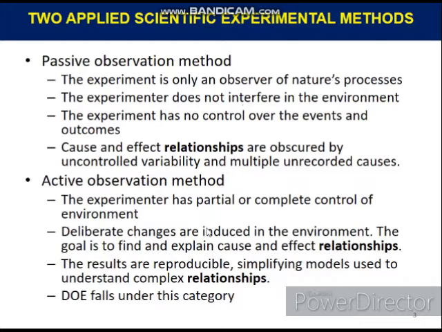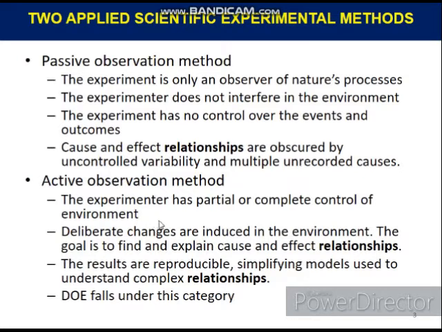The other method under the scientific experimental methods is called active observation method. So in active observation method, the experimenter has partial or complete control of the environment. So in active observation method, basically you as the experimenter have partial or complete control of the environment.